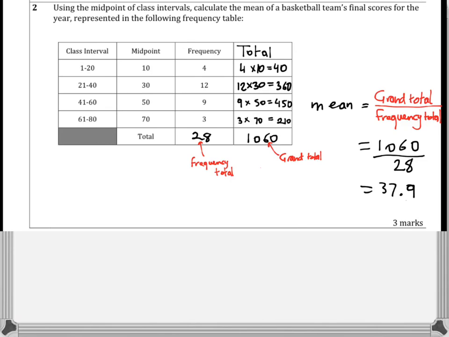So on average in this group here, 21 to 40, which is also the most common, that's where the mean will lie, 37.9. Okay.